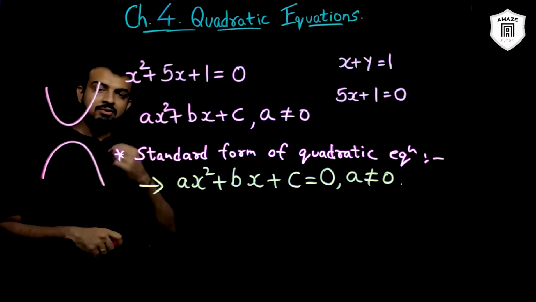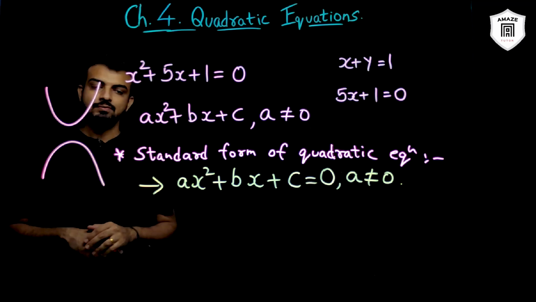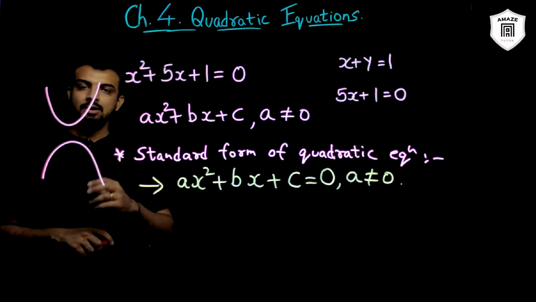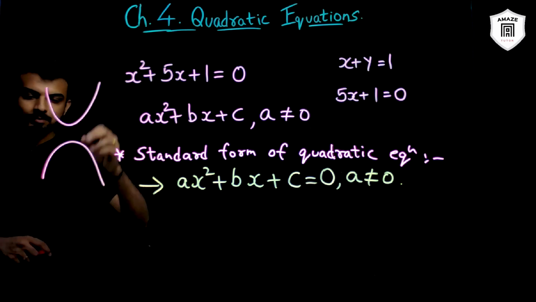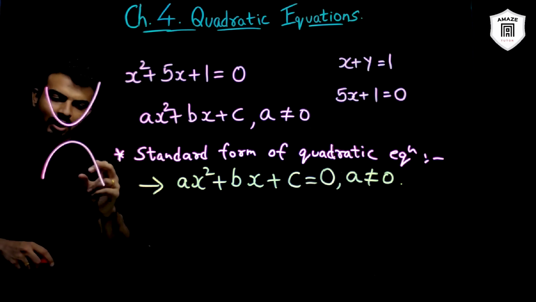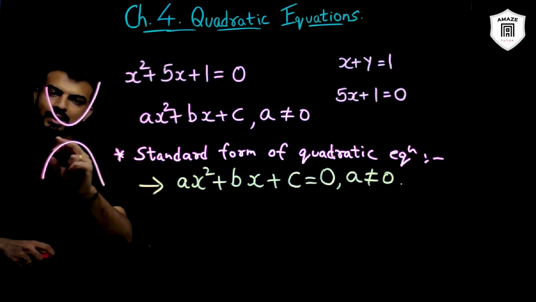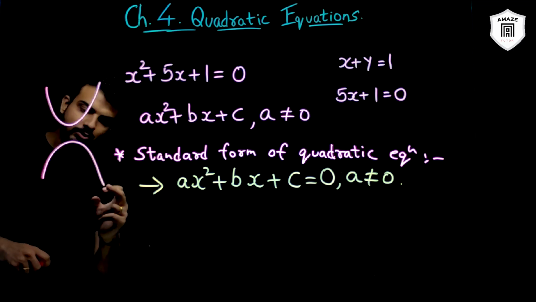So let me give you one more particular real life application of this. That is, whenever we are throwing something from ground level or from a particular height, obviously it is going to have this trajectory like a parabola. It is going to fall again back onto the ground.